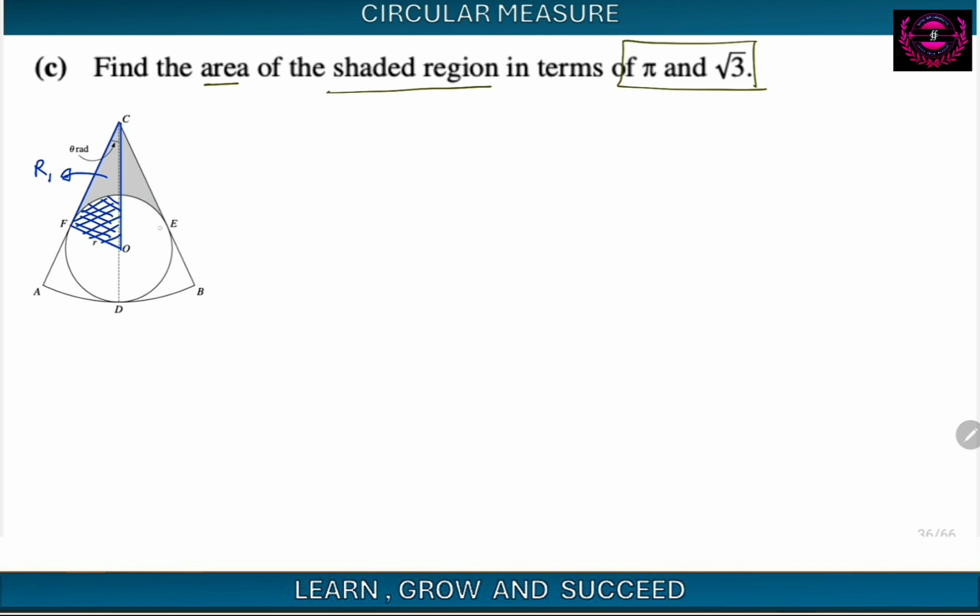So area of the shaded region will be 2 into area of R1. So I can write area of shaded region twice.